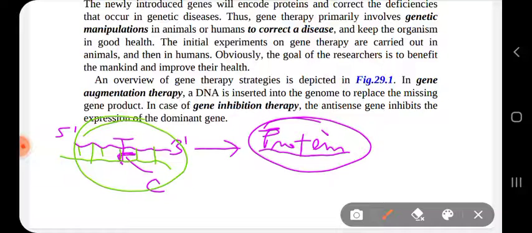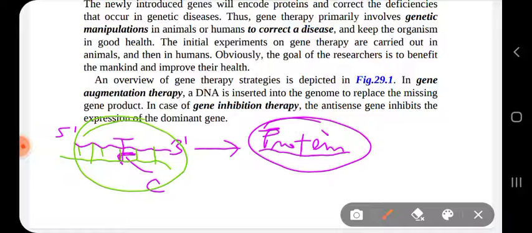Now, this can be done in many ways, through RNA silencing or RNA editing, to inhibit the function of that defective gene which is producing a defective protein product causing a certain disease in humans.